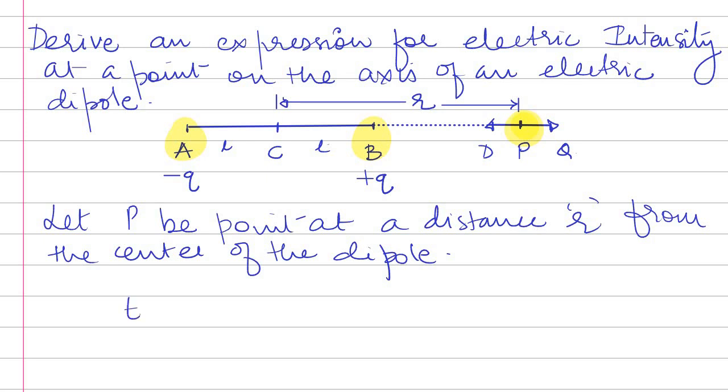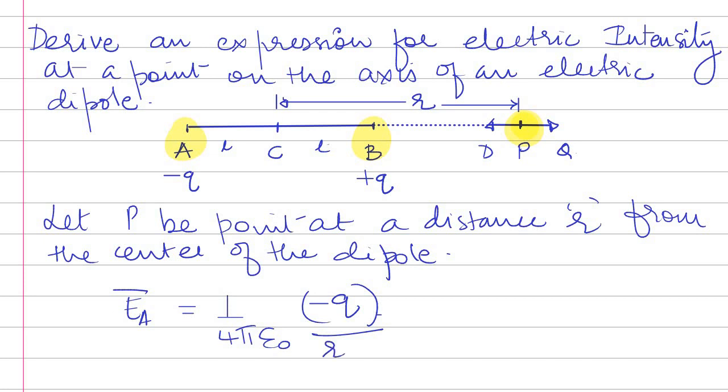That would be EA bar, equal to 1 by 4 pi epsilon 0, charge on A is minus Q, upon distance R plus L the whole square.